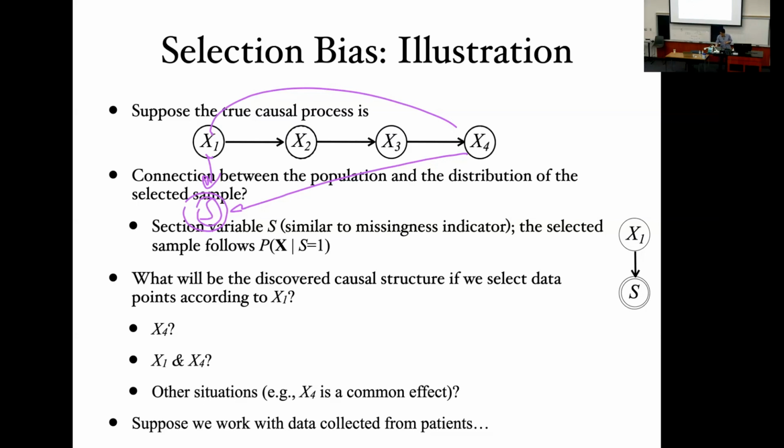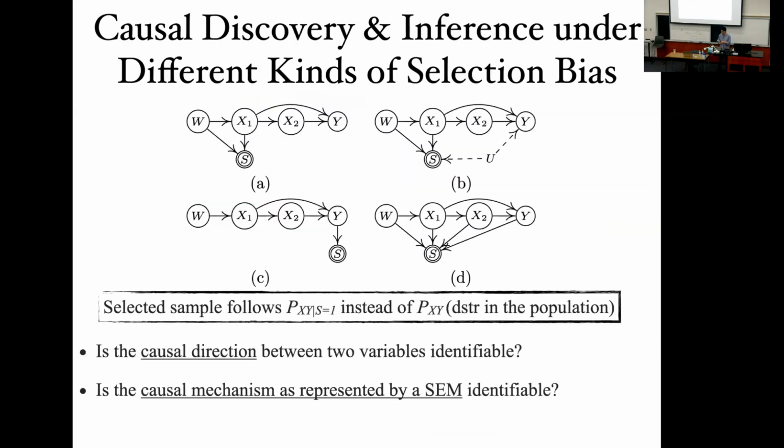Okay, so now let's go. Here you can see a categorization of the selection bias problem. You may have selection depending on the causes, or causes but with a confounder with Y. This case was discussed by Heckman.